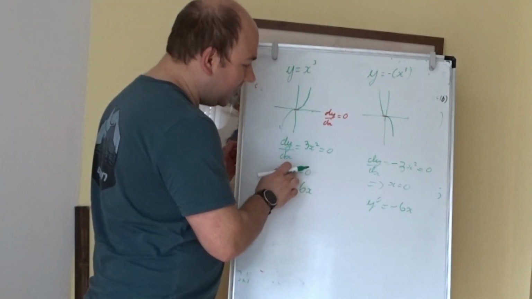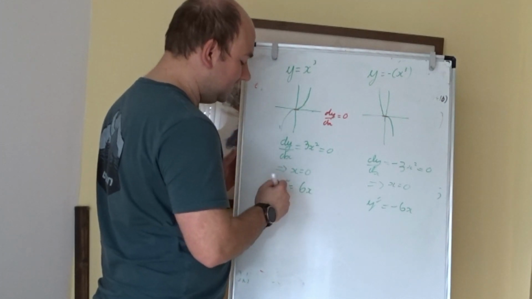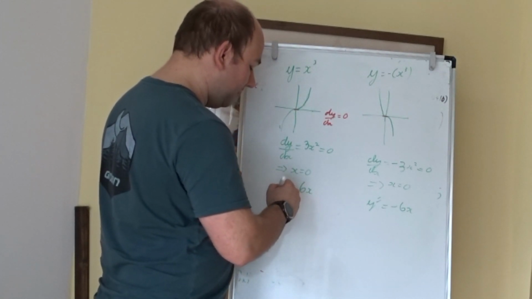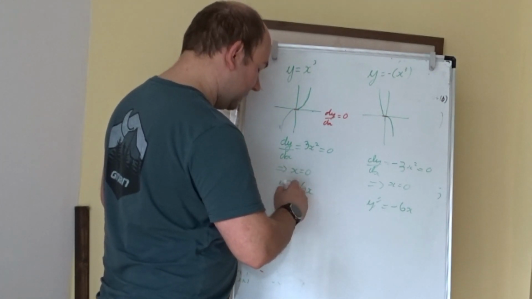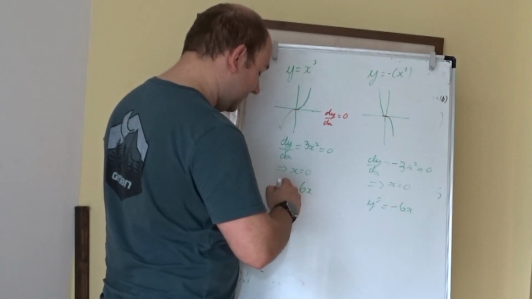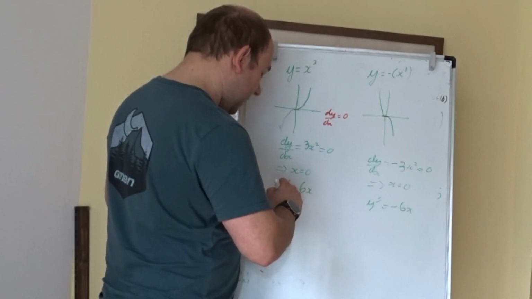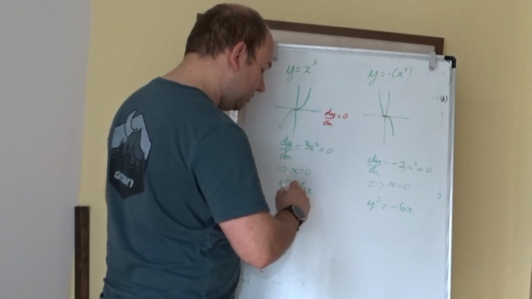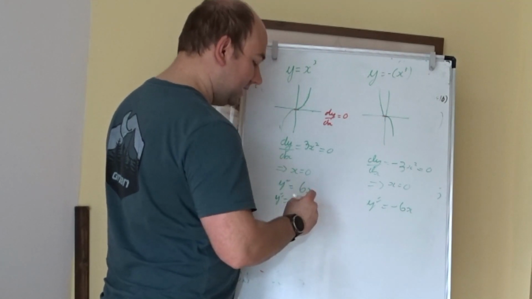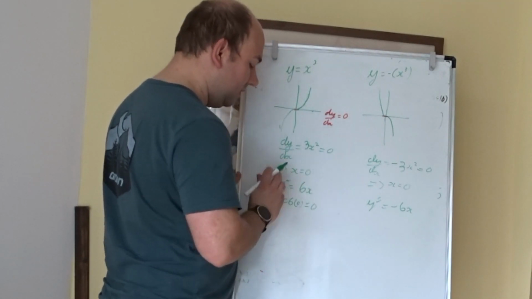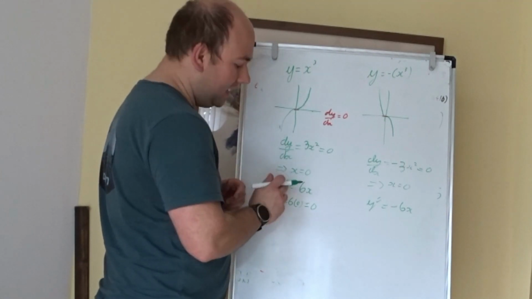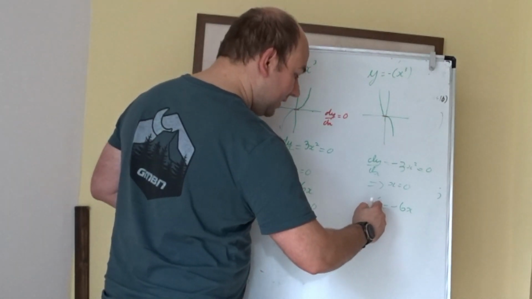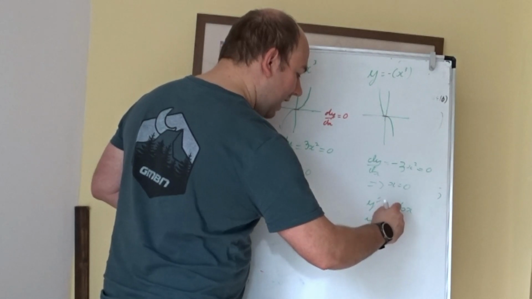So if we now plug in the turning point, which is 0, we're going to end up with y double prime is equal to 6 times 0, which is 0. So we've got the double differential is equal to 0. And this is going to be the same on this side as well.